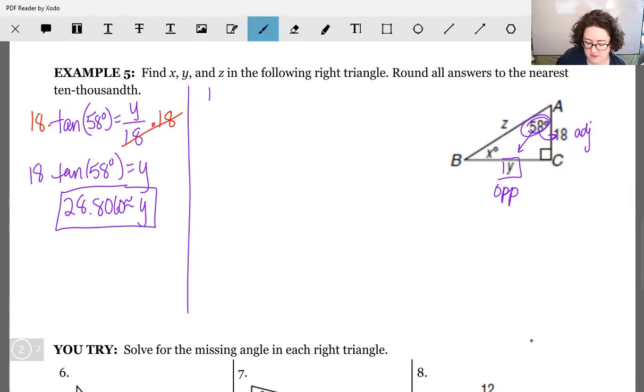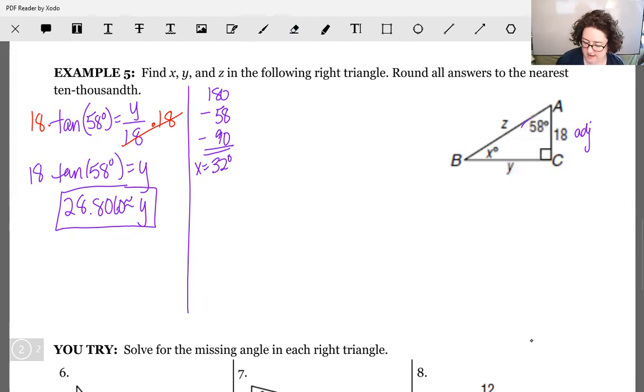So 2 methods for x. So first off, if I do 180, take away 58, take away a 90, I end up with 32 degrees. And so we should get that x equals 32 degrees. Let's see if the trig proves that as well. So now that I have my y, let me go ahead and do some relabeling.